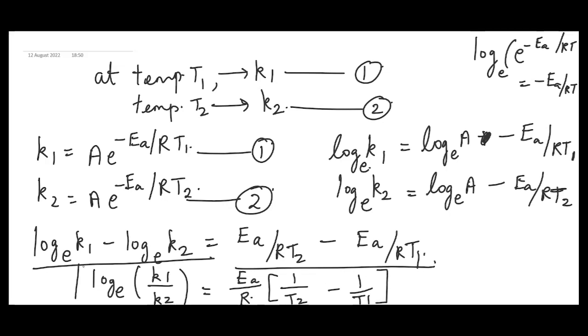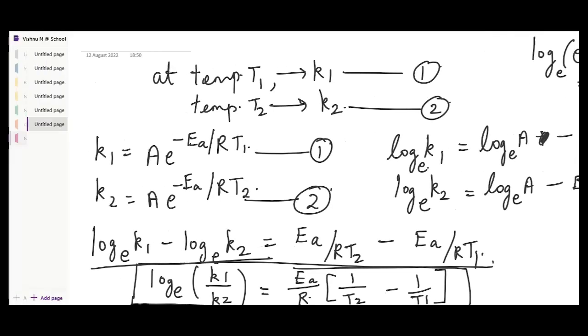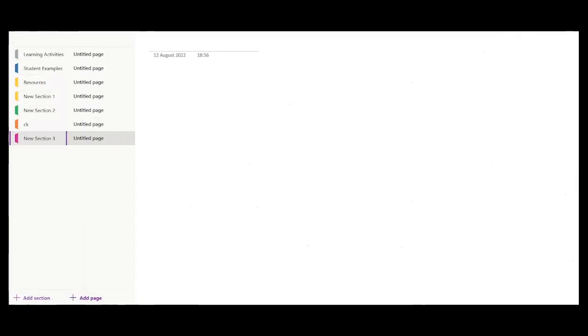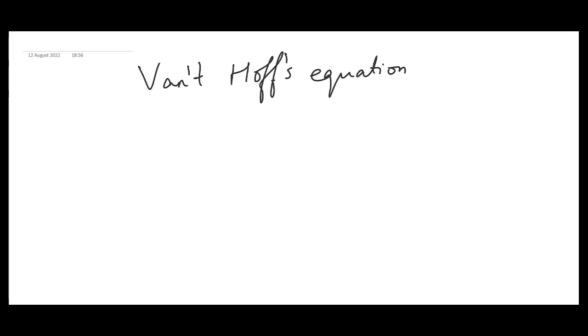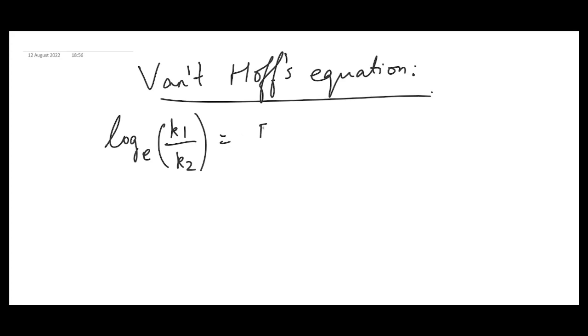So this is nothing but the Van 't Hoff's equation which we have just derived from both the equations. Now the final equation we can write as the Van 't Hoff's equation, which is log of K1 by K2 is equal to EA by R into 1 by T2 minus 1 by T1.